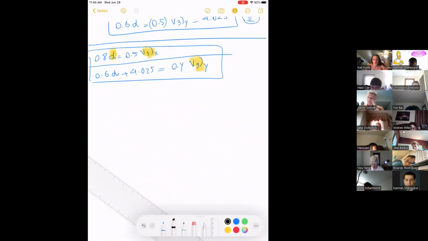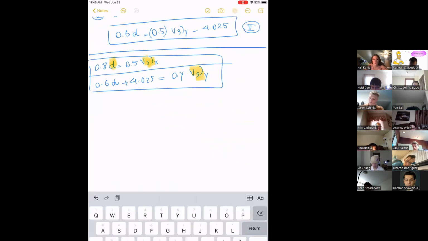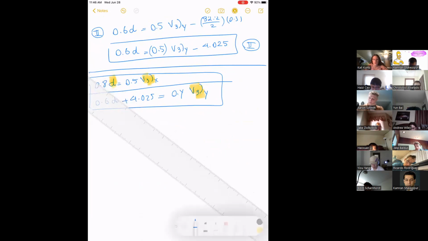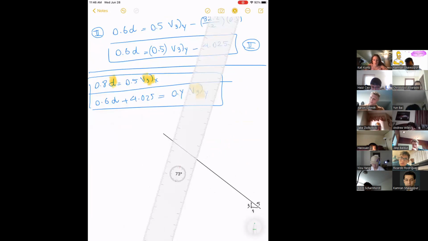Let's say, again, this is your surface, right? Which is 3, 4, 5. And this is the perpendicular direction.